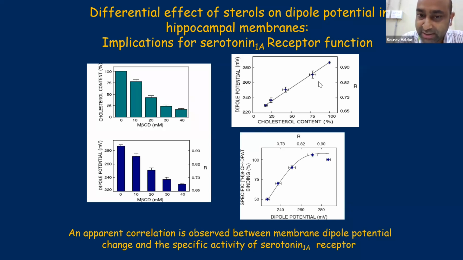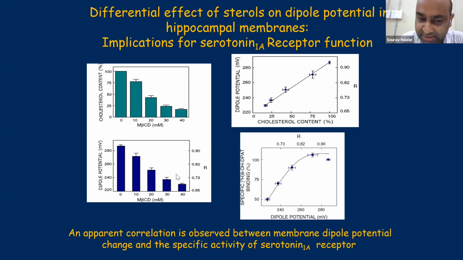What we found is that the dipole potential steadily depends on the cholesterol content in the membrane, and showed a very nice correlation. Interestingly, what we found is that the functioning of the serotonin 1A receptor, that is ligand binding in this case, with a specific ligand, 8-OH-DPAT, and that ligand binding, which is considered as a function of the receptor, was also dependent on the dipole potential. Now, since cholesterol has a profound effect on dipole potential, we thought that if we take out cholesterol, we will be able to change the dipole potential of the membrane.